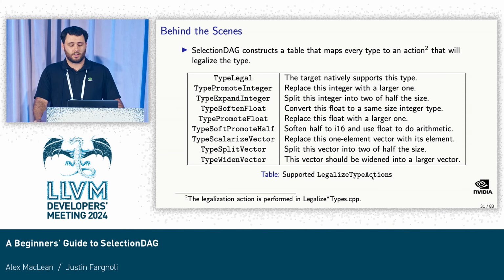Behind the scenes, it's constructing a table that maps every type to an action that will legalize that type. The table on the slide contains the different legalization methods for the types in our program that SelectionDAG can use. We're going to look at a couple of these in the next few slides.